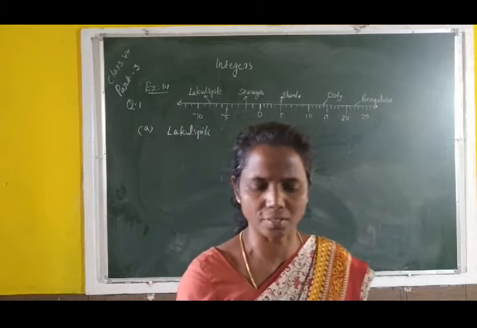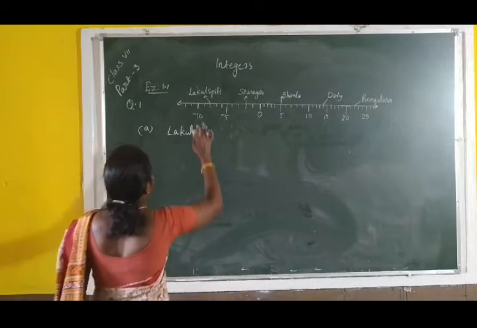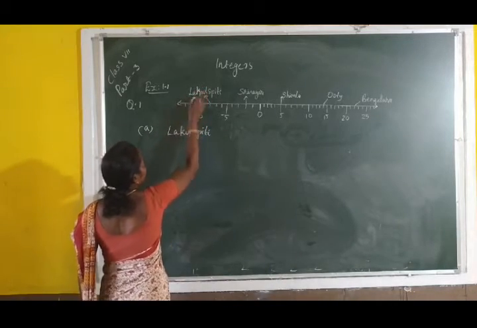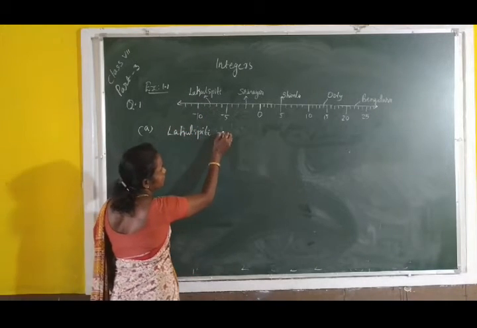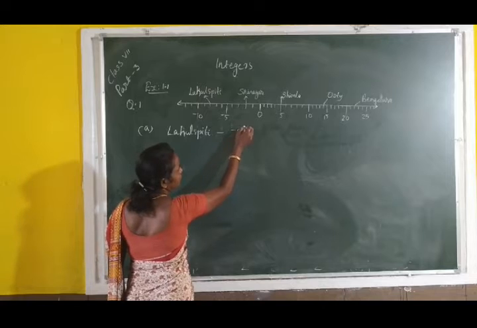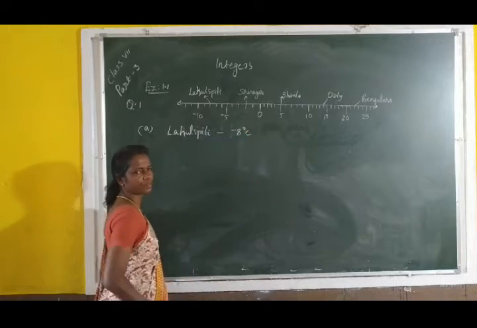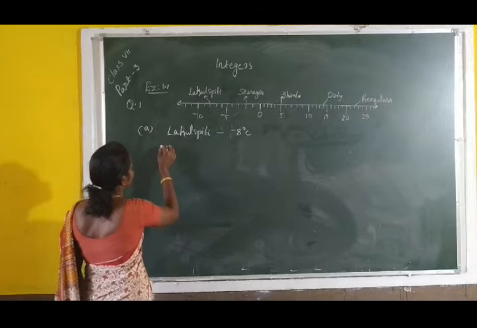What is the temperature? Lehuspadi temperature is negative 8 degree Celsius. And Srinagar, what is the temperature of Srinagar?